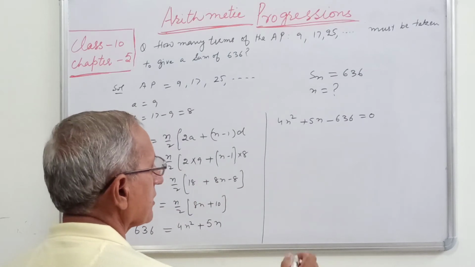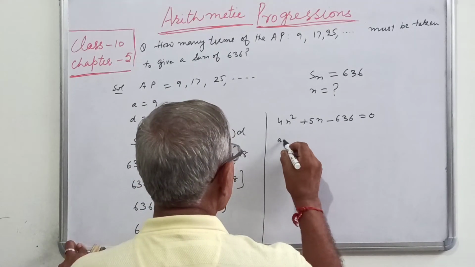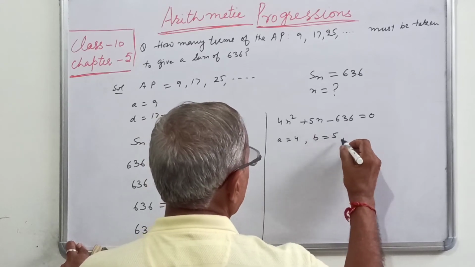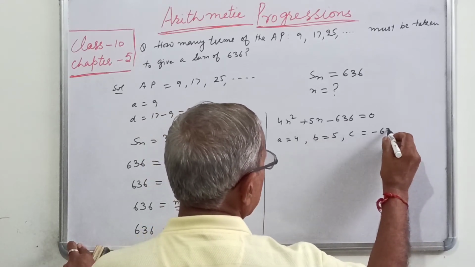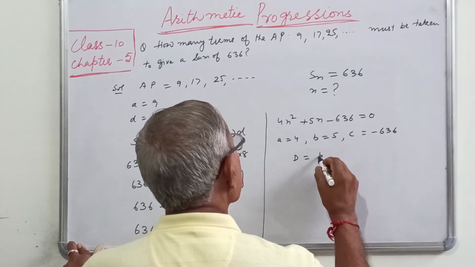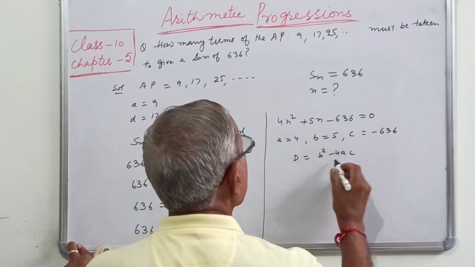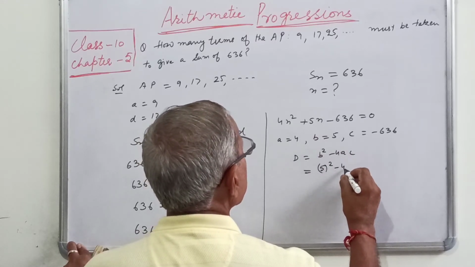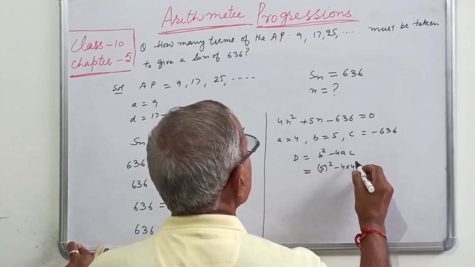So using quadratic formula, a here is 4, b is 5 and c is minus 636. So D, that is b square minus 4ac, will be 5 square minus 4 into 4 into c is minus 636.